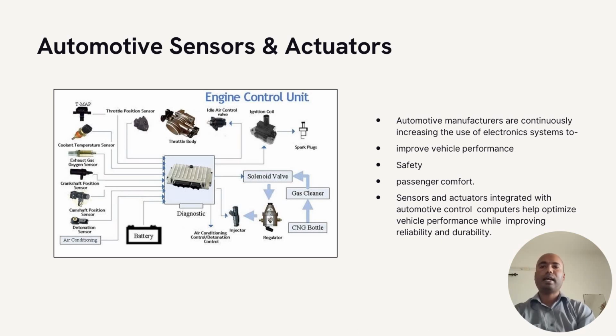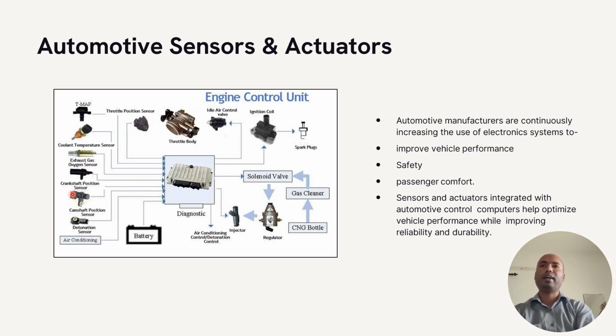In this slide I am showing the basic layout of automotive sensors, actuators, and microprocessors and microcontrollers. These are all the basic sensors. Sensors like the temperature sensor, pressure sensor and O2 sensor have different operations and are named differently based on location and operation.